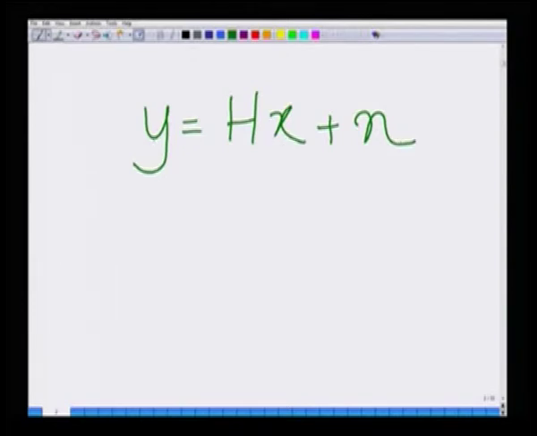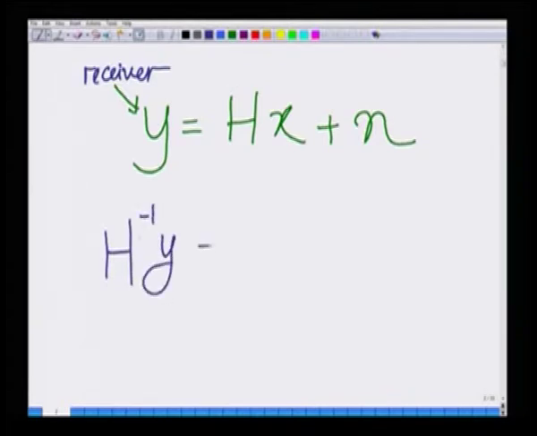Now, one simple receiver to do in this case is at the receiver, once I receive y. So, this is at the receiver, I have y. So, at the receiver I will invert the channel matrix, I will perform H inverse y, that is equal to H inverse times H, which is identity, times x, hence this is x plus H inverse n.